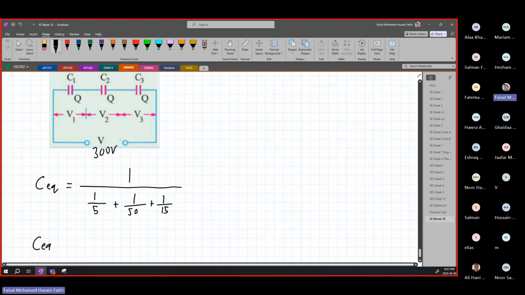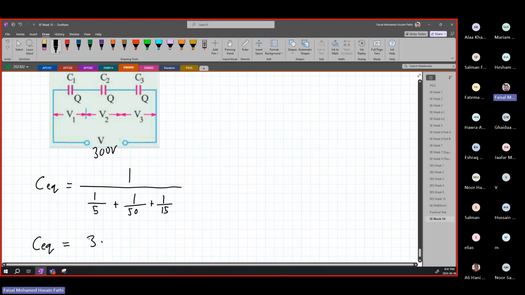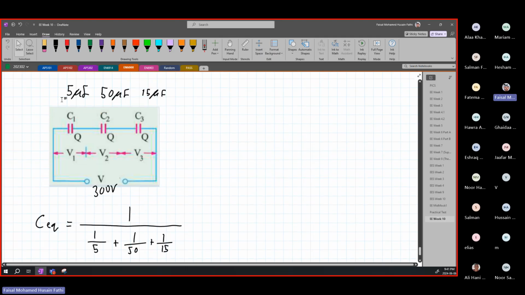The C equivalent that we get, I think I already calculated this from before, is 3.49 microfarads. Okay, this is our C total. And now how am I going to find the charge for C1, C2, C3?